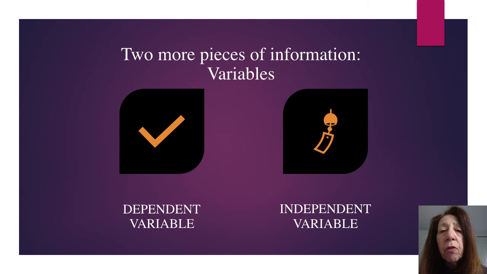Now, a little more information that's critical to the scientific method. These are called variables, and there are two of them. You have your dependent variable and your independent variable, and I'm going to explain the differences.